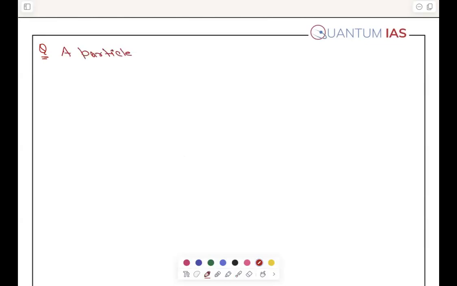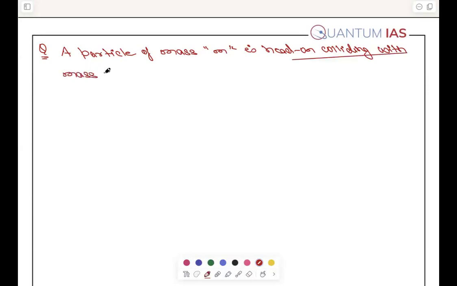A particle of mass m is head on colliding with mass m.